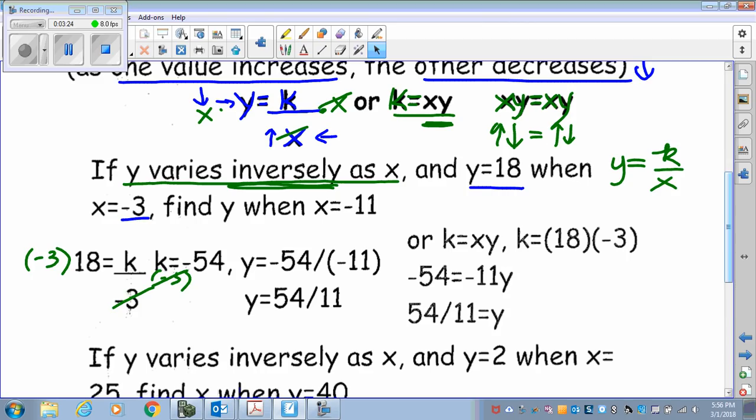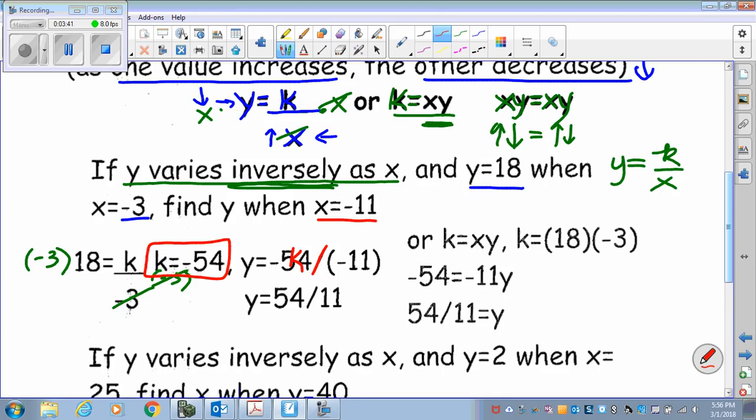Now, so that's the constant. The constant k is going to be negative 54. So I'm going to substitute into this equation. So I get y equals my constant, k, negative 54, divided by the x value. Well, x was negative 11, so I'm substituting.